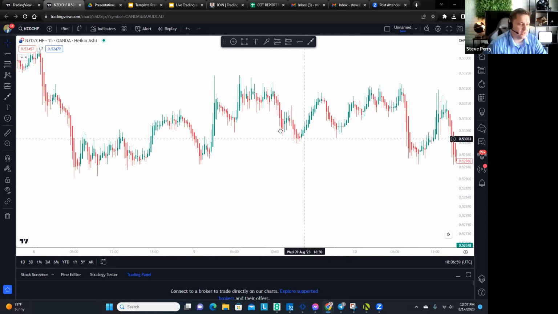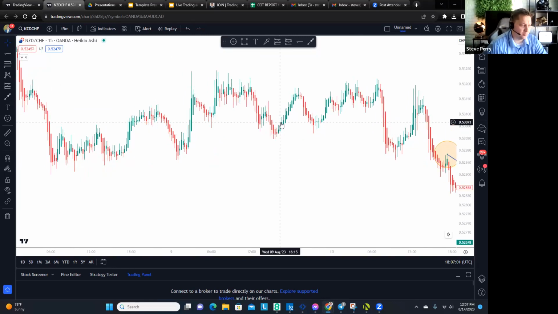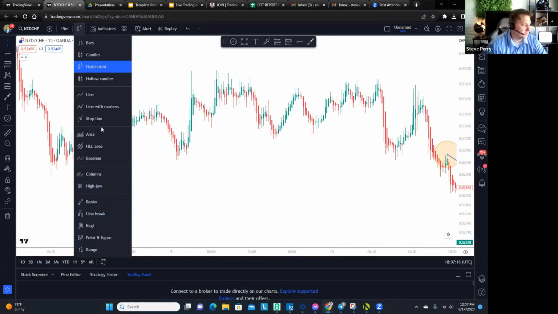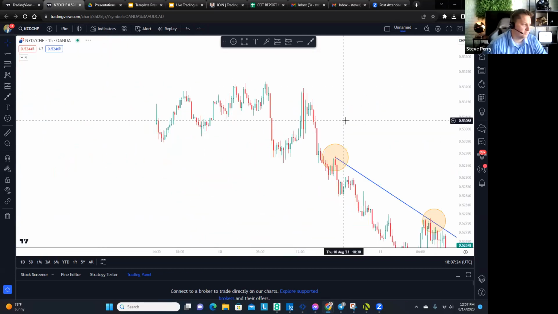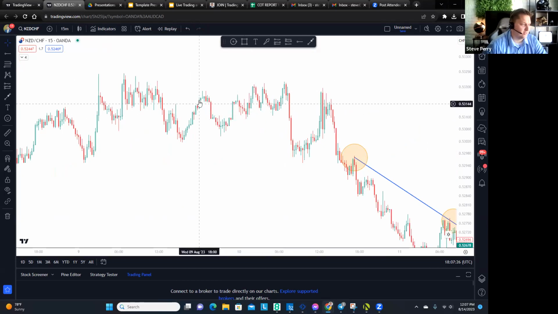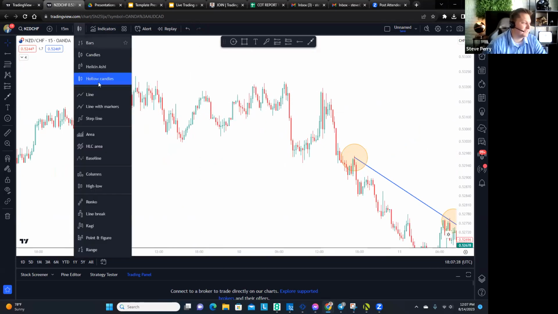If you have a green bar, then the next bar you'll buy, and if you have a red bar, then the next bar you'll sell. That's the concept with Heikin-Ashi. It's the same thing with, what are they called? I forgot the name. It's the same thing as Renko. Renko does very similar things as Heikin-Ashi. There are hollow candles. They're the same thing as candlesticks, but now they're hollow. That's the only thing that's different.